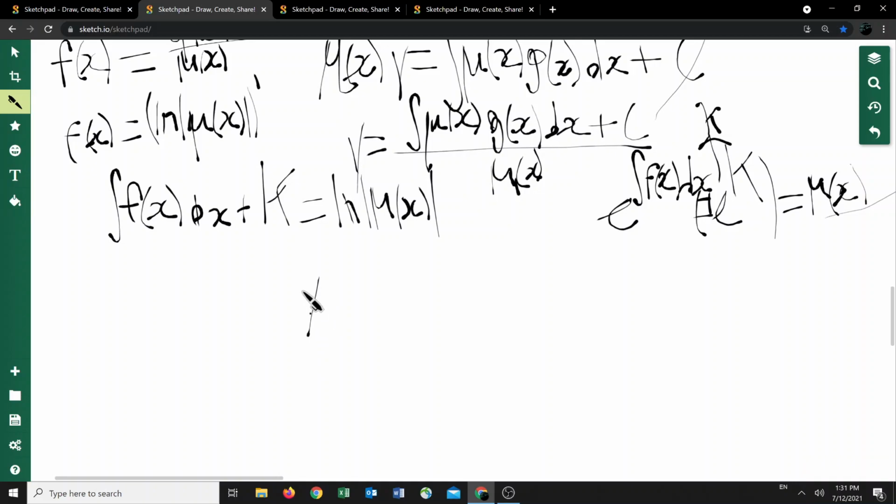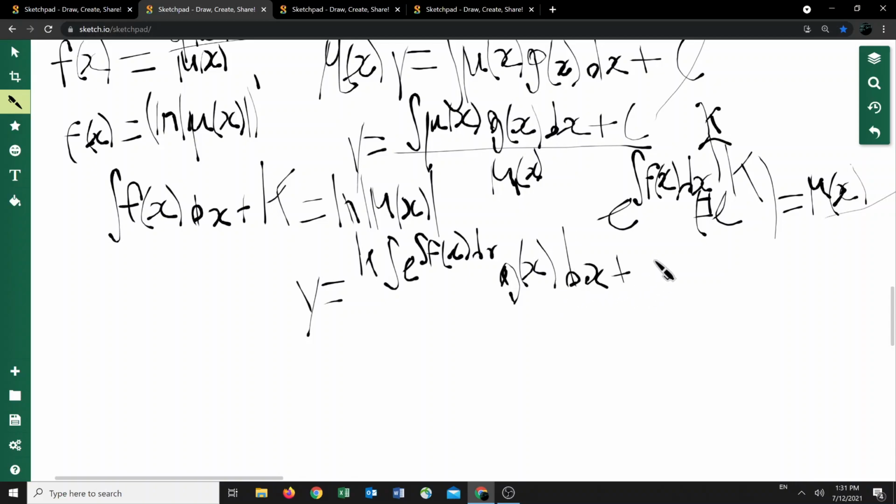So if we plug into there, we have y equals, and bringing out the constant k, k times the integral of e to the integral of f of x dx g of x dx plus c over k times e to the integral of f of x dx.